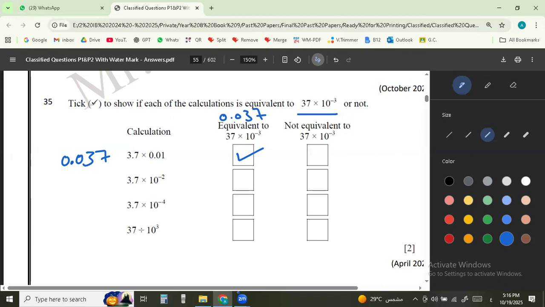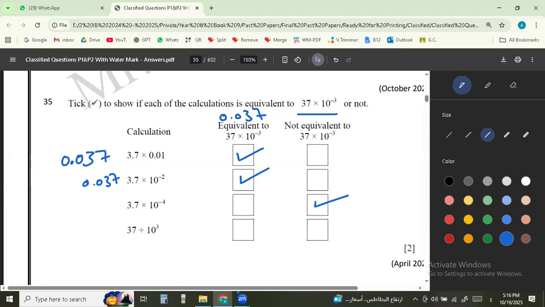But multiplying it by 10 to the power of -2, is it going to be the same? Let's do it. I'm going to move the decimal point twice to the left. So it's 0.37. It is also equivalent. Here, I'm going to move it 4 times to the left, Mister. Obviously, no way it is going to be equivalent to 4 digits to the left. That is not going to be 0.037.